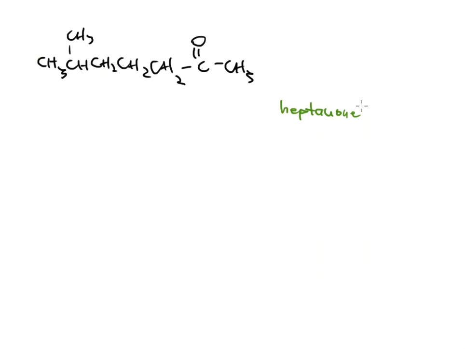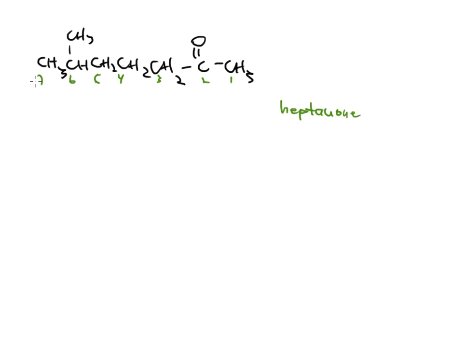Well, what kind of heptanone do I have? I need to look at the carbon chain, and I'm going to number closest to the end of the functional group. So that would be carbon 1, 2, 3, 4, 5, 6, and carbon 7. I could have gone straight across, or I could have kinked it up. It doesn't really matter. It gives me 7 no matter what. You would have ended up with the same name.